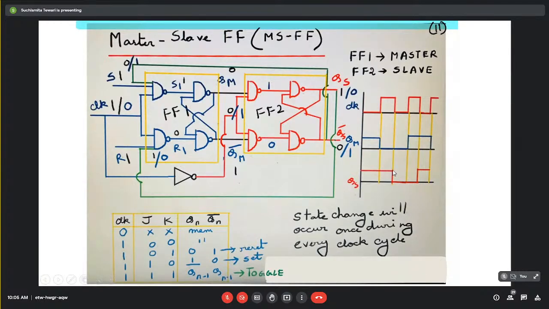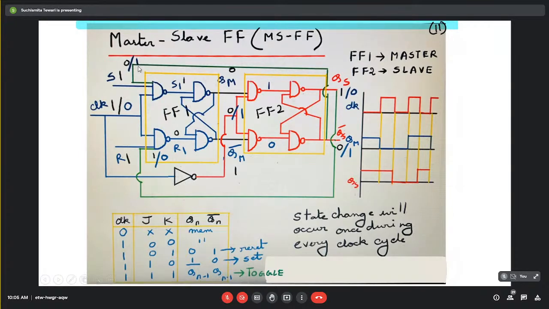It will change its state when the clock is disabling itself, so it comes down to 0. In this way, if we continue, it will give rise to a waveform like this. So you see, per clock period only this change is happening once. So finally, we have achieved something useful out of this 1-1 condition, and that is the toggling.